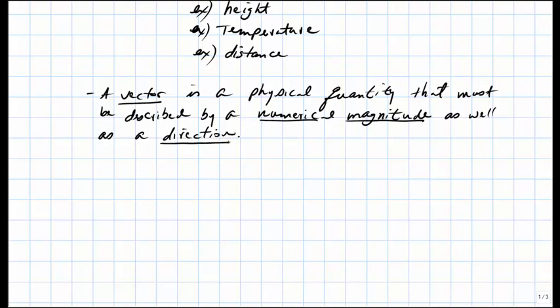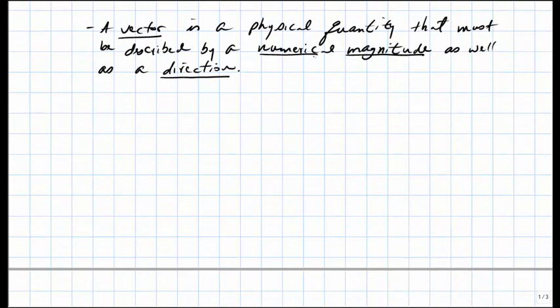And so, as you can see, a vector requires two descriptions, the numerical magnitude as well as the direction.